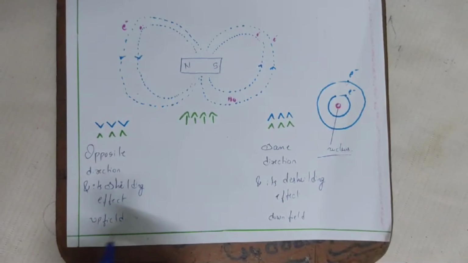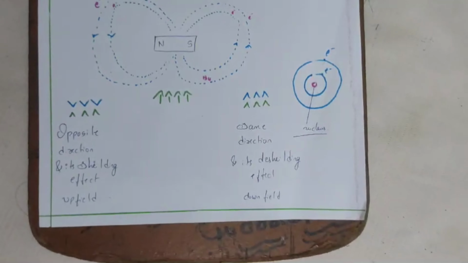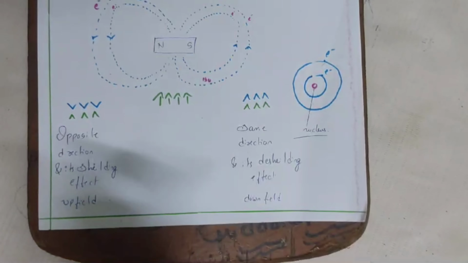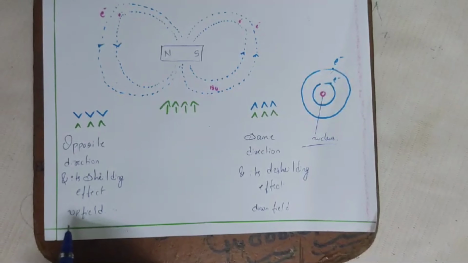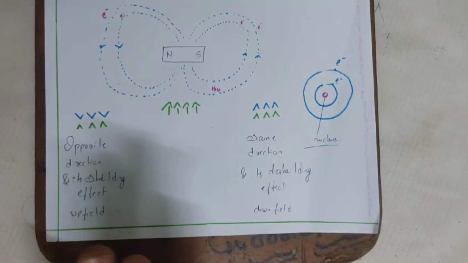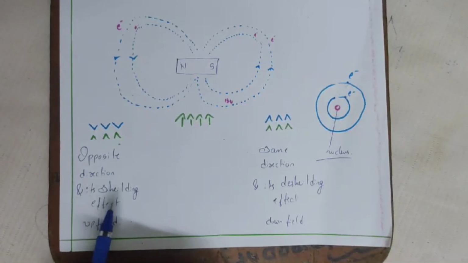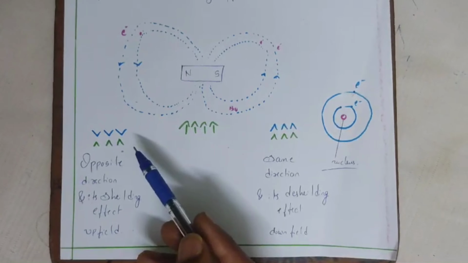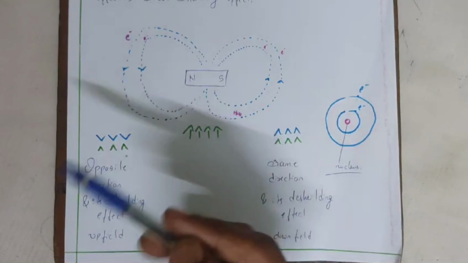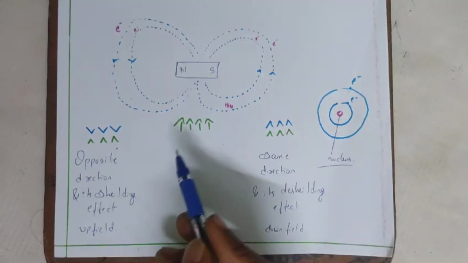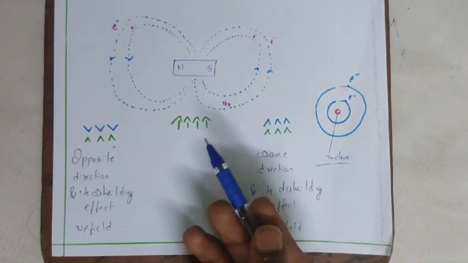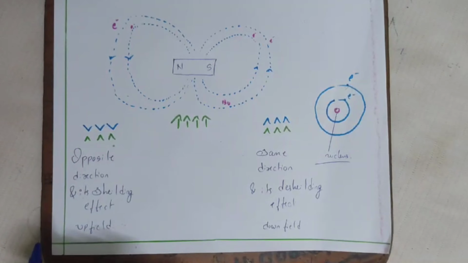This upfield will come in the TMS or chemical shift topic; at that time we can discuss it. Now pointing out only the shielding effect: the opposite direction of the induced magnetic field and applied magnetic field is called a shielding effect.